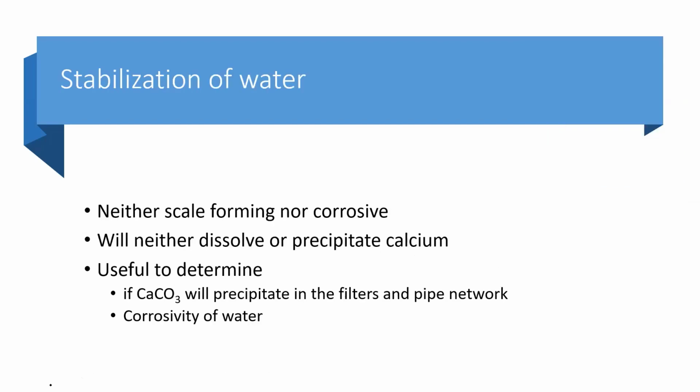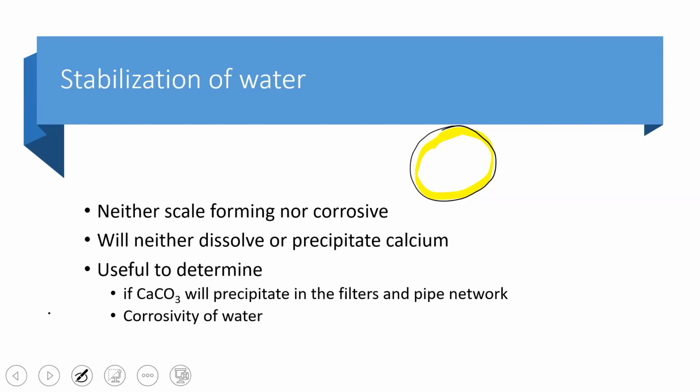Now, we can try to mitigate that by forming a protective coating on the inside of that pipe. So a protective scale. Now, we don't want scale to essentially consume the inside of the pipe, fill up the volume so that we don't have flow, but having some scale on the inside of the pipe is protective.